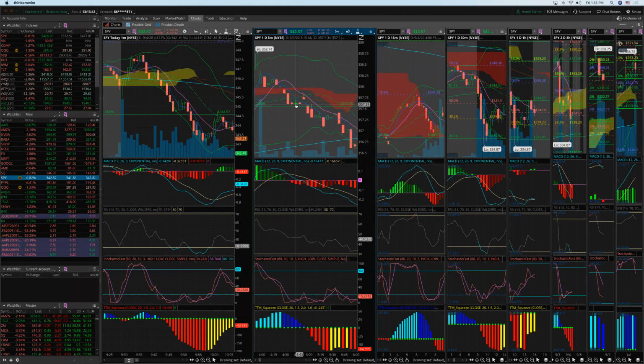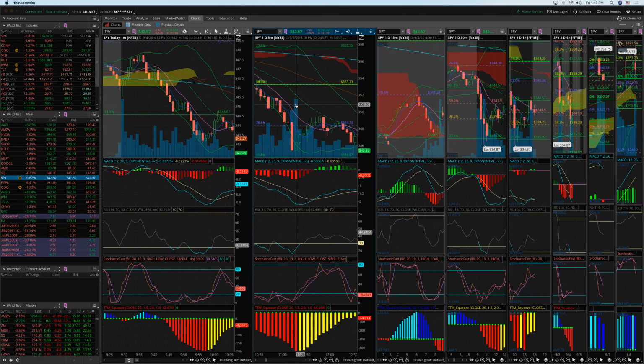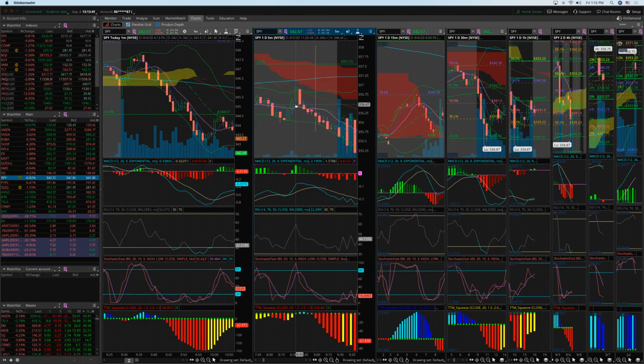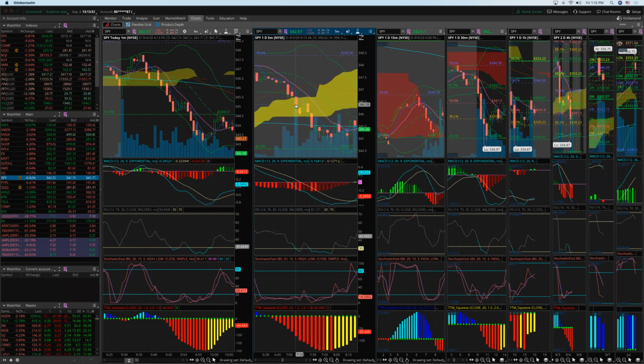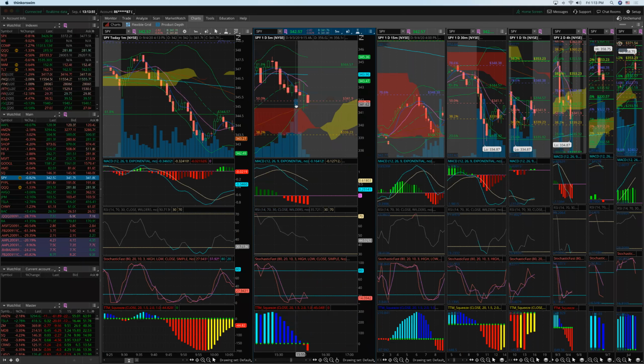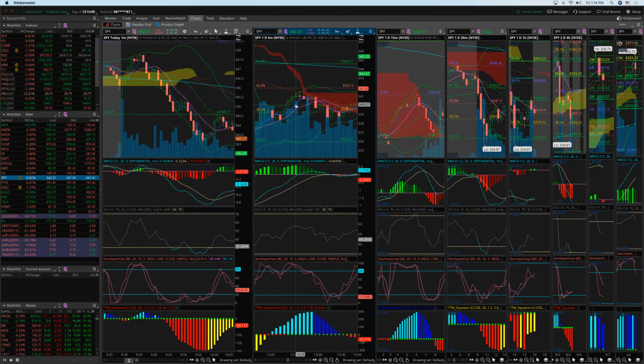Let's see on the 5 min. This is yesterday. Once it went below 342, it dived down and went to the 23 level.